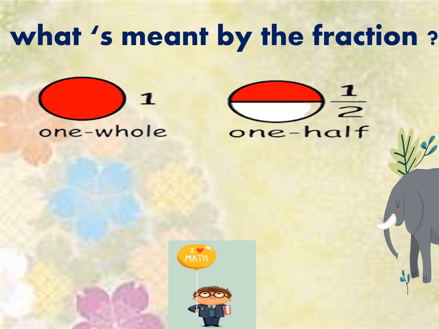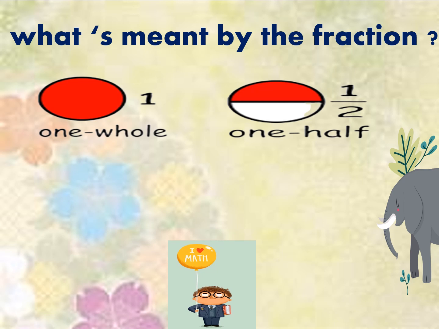Here the colored part is 1 and I have divided the total into 2, so I will write 2. So how can I read it? 1/2 or 1 over 2.